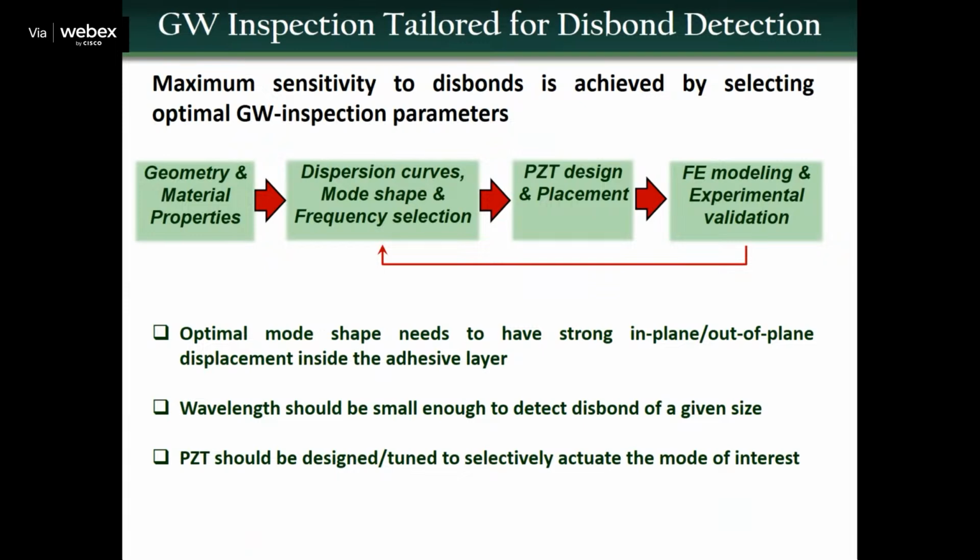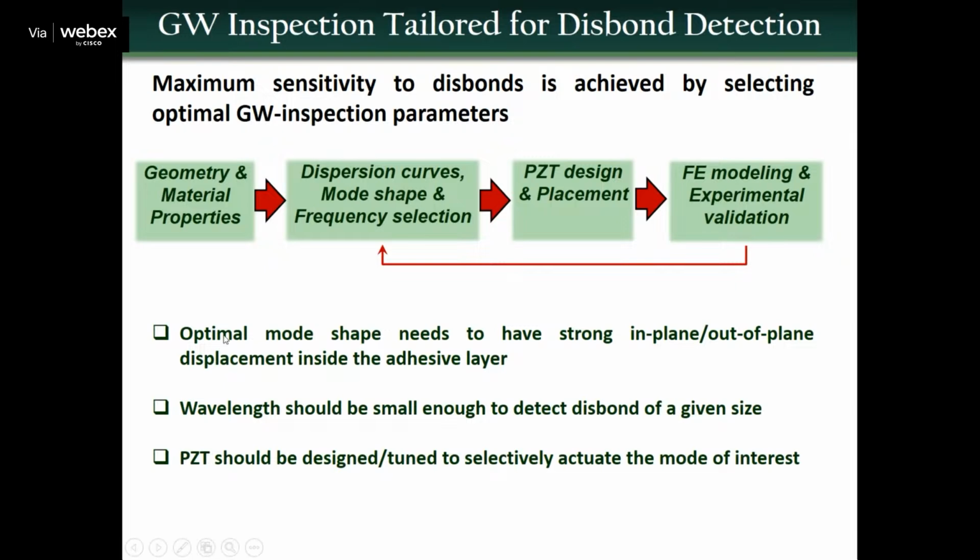The maximum sensitivity to disbond inspection and imaging is achieved by selecting the optimal guided wave inspection parameters. So this is a flow chart telling you how you can do guided wave inspection tailored for this particular disbond detection.